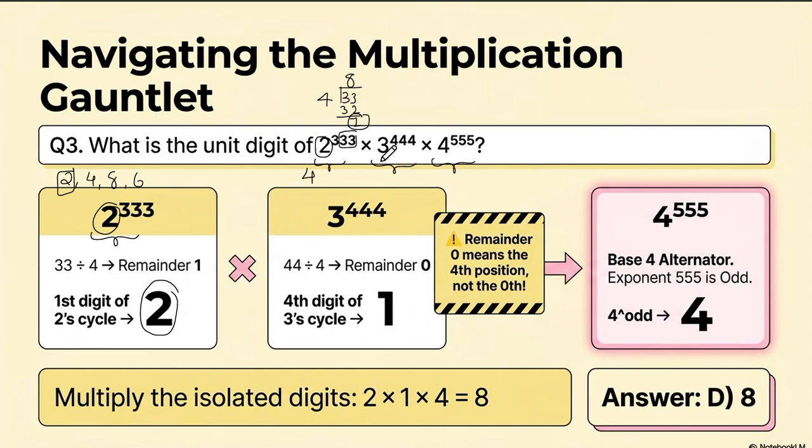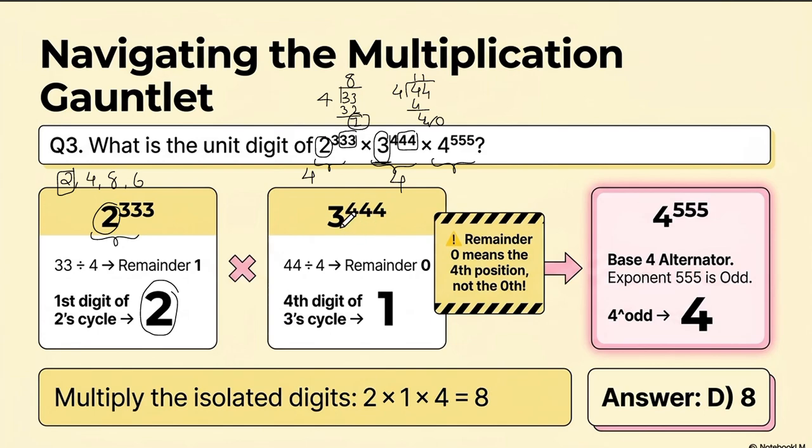Now the second number, 3 raised to 444. The base number is 3, and the cyclicity for 3 is 4. Now look at the last 2 digits of the power, which is 44. If we divide 44 by 4, 4 ones are 4, then again 4 ones are 4, so the remainder is 0.